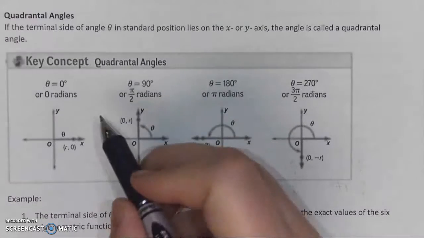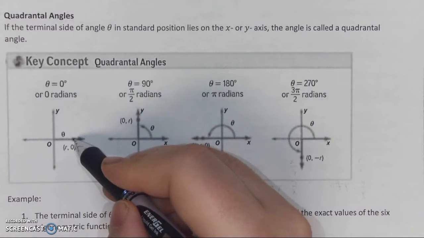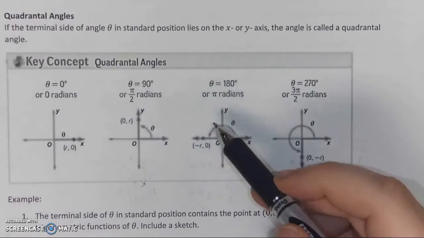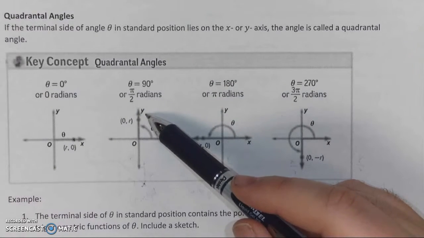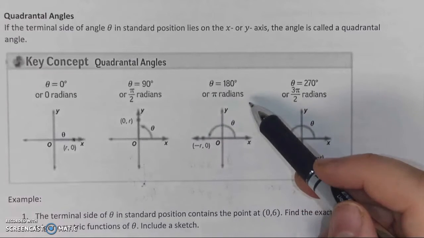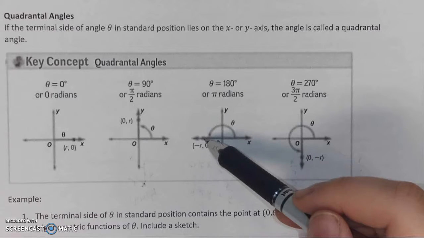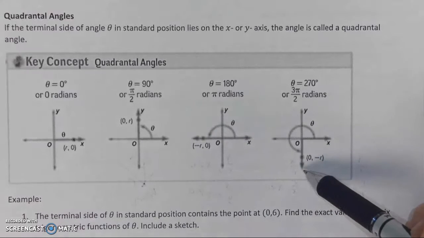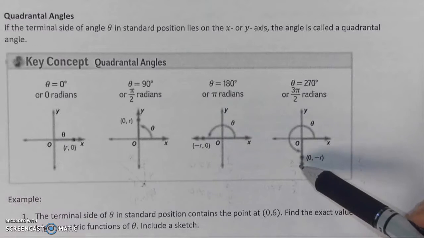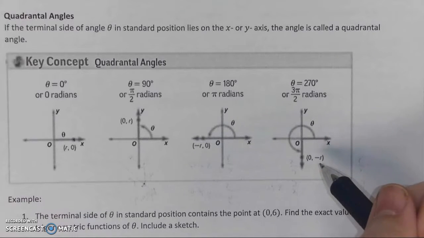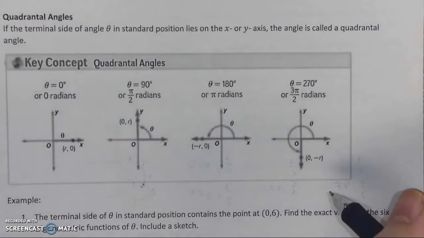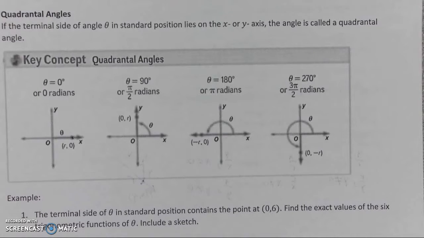They show you below, so 0 degrees would be a quadrantal angle. 90 degrees would be, because it's on the positive y-axis up at the top. 180 degrees would be as well, because it's on the negative x-axis. And 270 degrees is also a quadrantal angle because it's on the negative y-axis, at the point 0, -r. So these are the quadrantal angles.